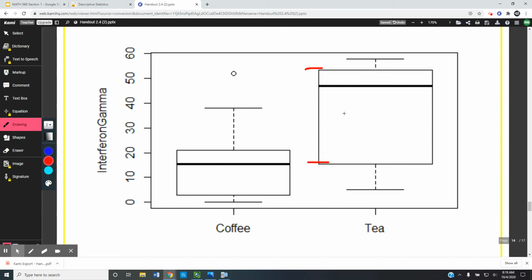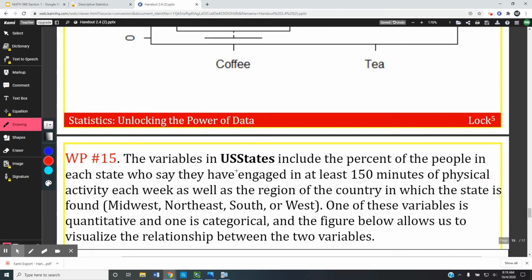So nearly 75% of the data inside the tea, 25, 25, 25, is above the median for coffee. So it gives us some clear indication, when we're visually looking at it, that the data block is much greater in tea than it is in coffee.